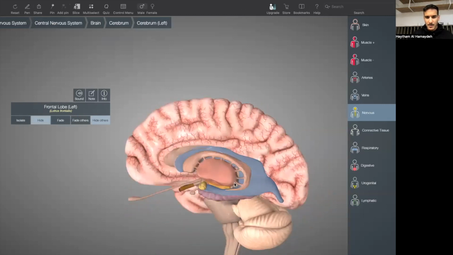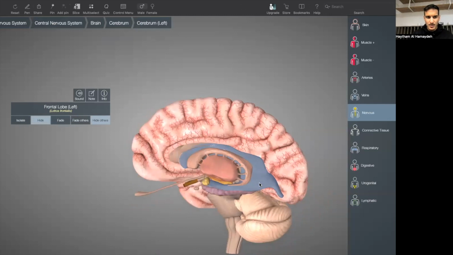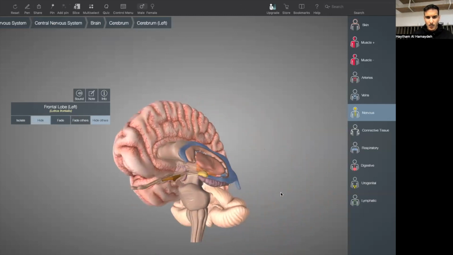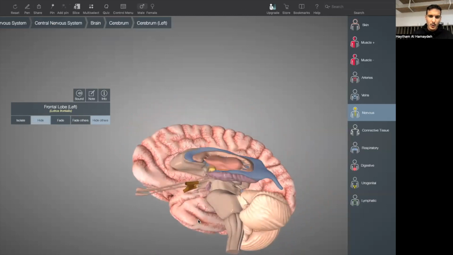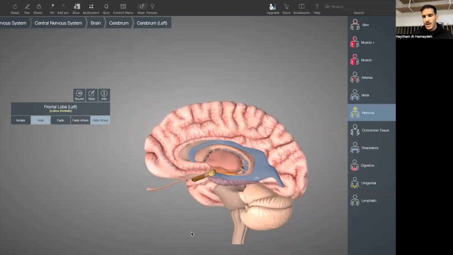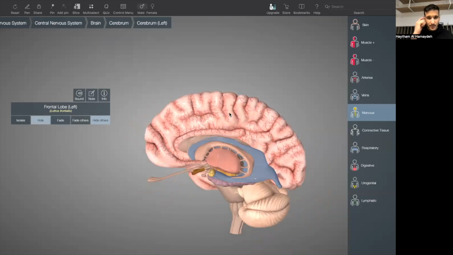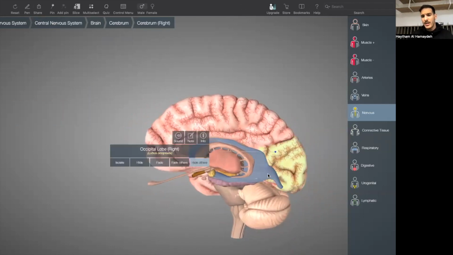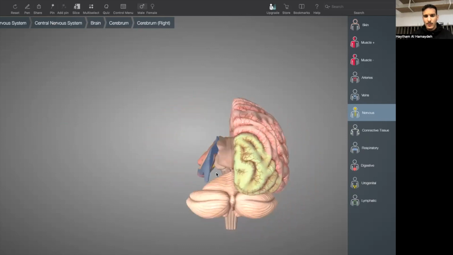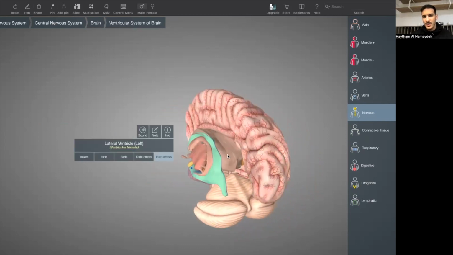Let me also hide those structures, because when you're looking at this, you need to remove this so that you can see the hippocampal gyrus right here, for example. And now I can see the cingulate gyrus right here. I can see the medial frontal gyrus, the paracentral lobule, the precuneus, and the cuneus. And then we have the lingual gyrus somewhere here.